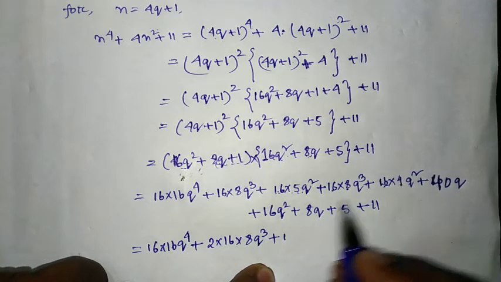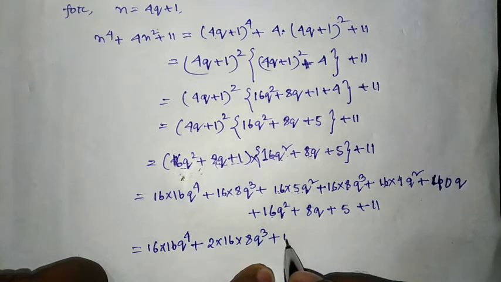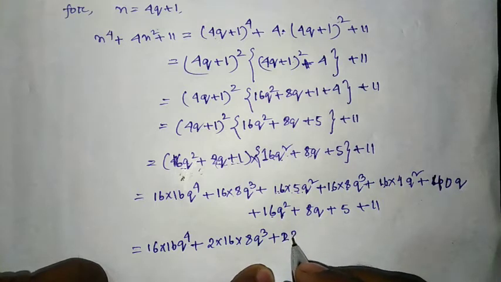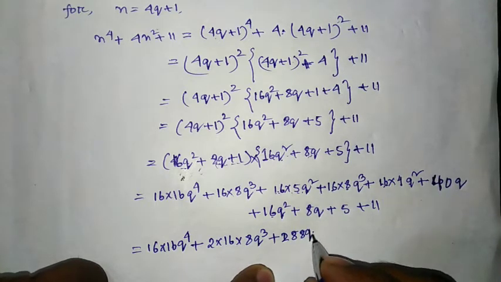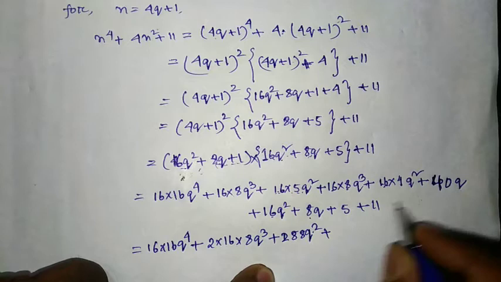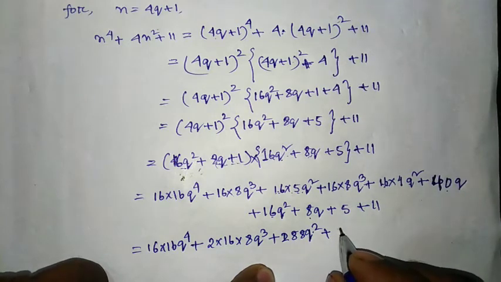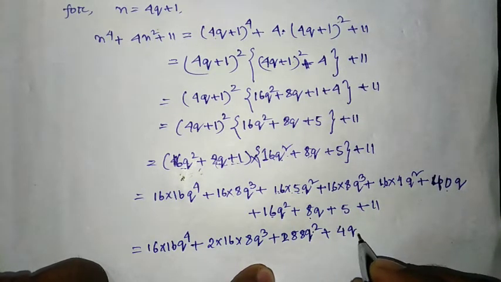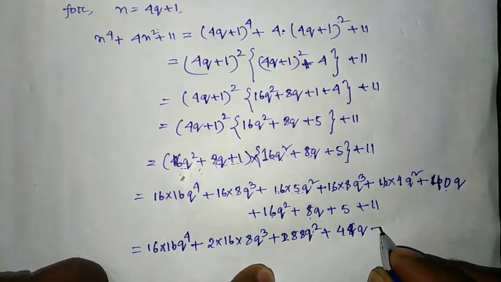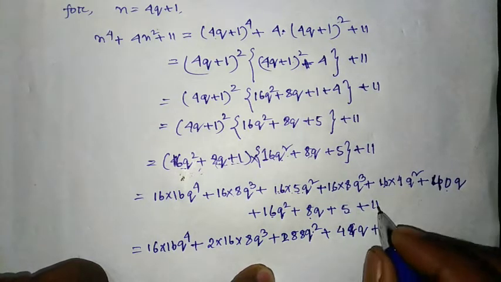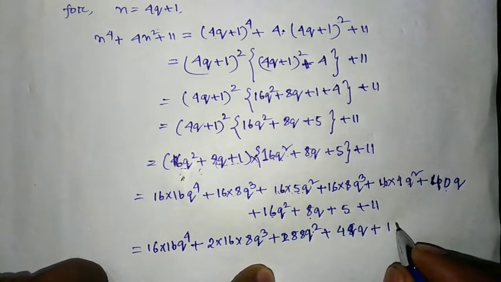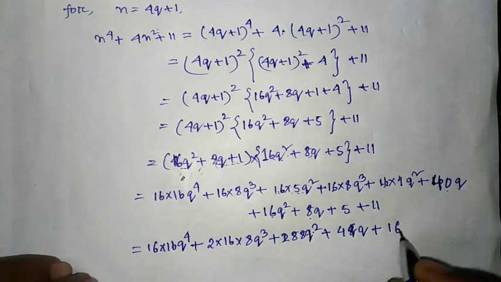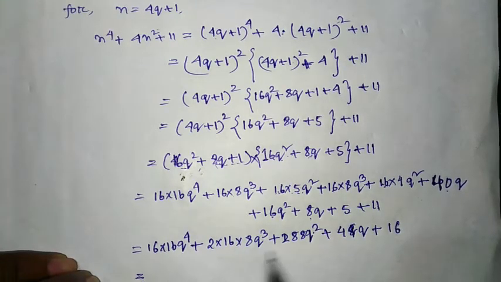So that means 2 into 16 into 8 q^3, plus the square terms: 16 into 5 q^2 and 16 into 4 q^2, 16 is common, or you can write 16 into 5, 80 q^2, and here 16 into 4, 64 q^2, and 16q^2.